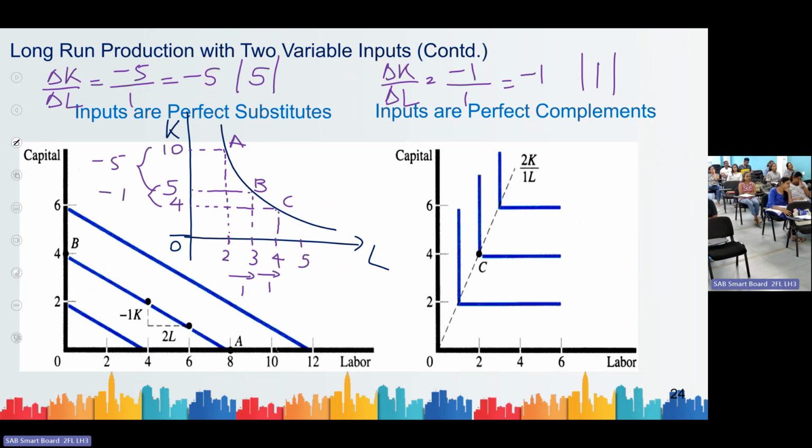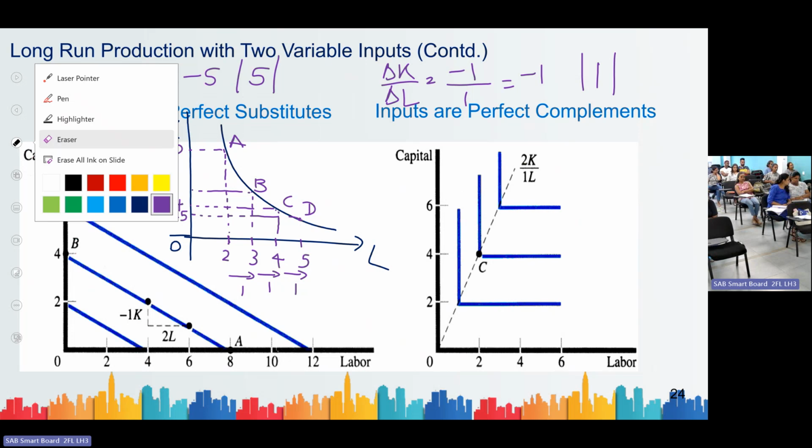From C to D, again the firm increases labor input by 1 unit, but for that, the firm has to sacrifice only 0.5 units of capital, from 4 to 3.5.